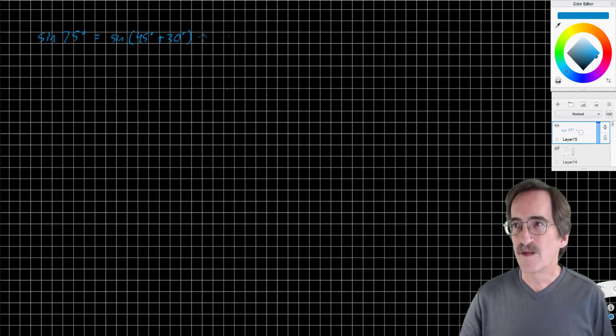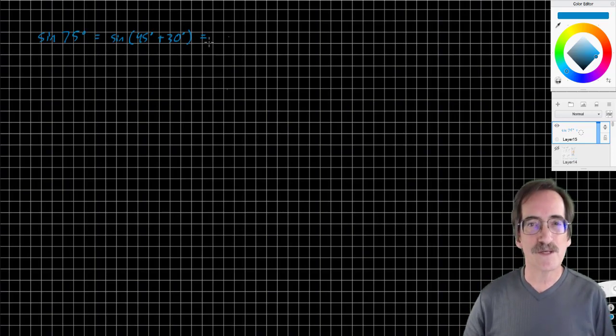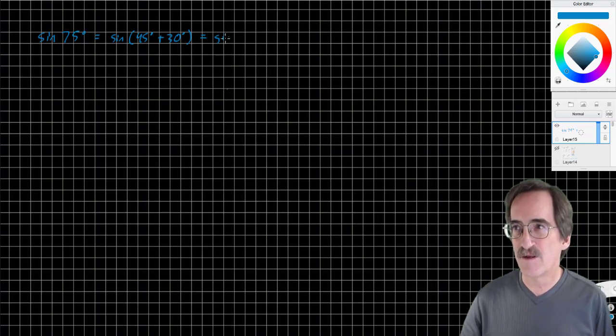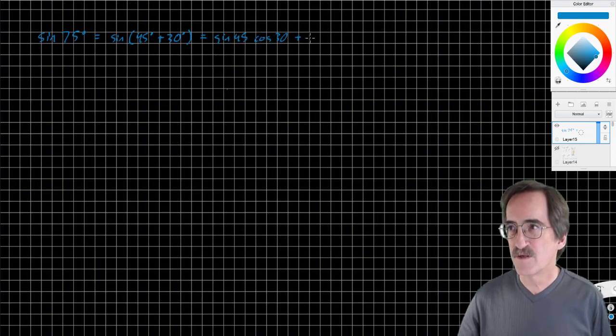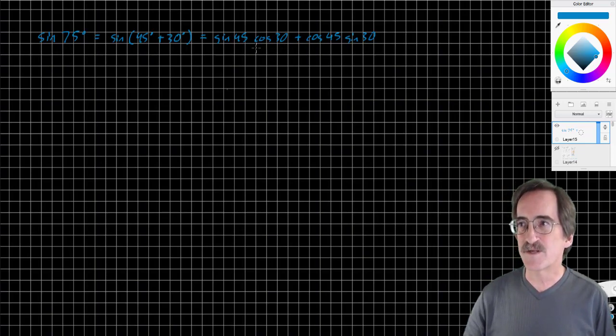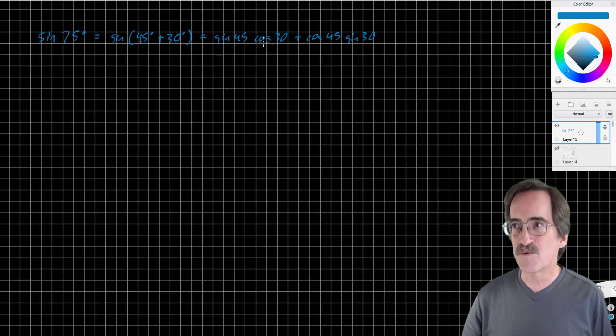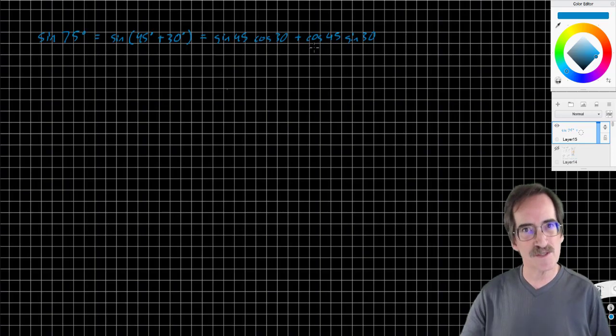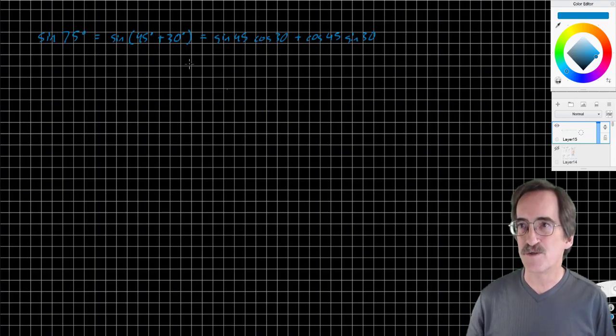According to the rule for addition of sine, it is sine 45 cosine 30 plus cosine 45 sine 30. The order may be different, but you take the sine and cosine of both angles, and then the cosine and sine of the other angles switched.